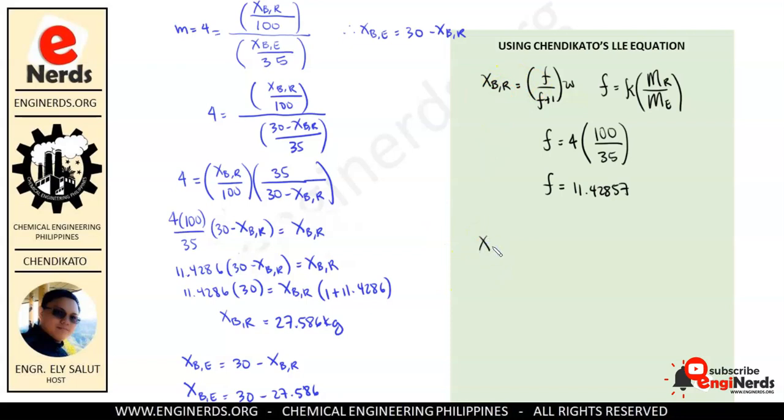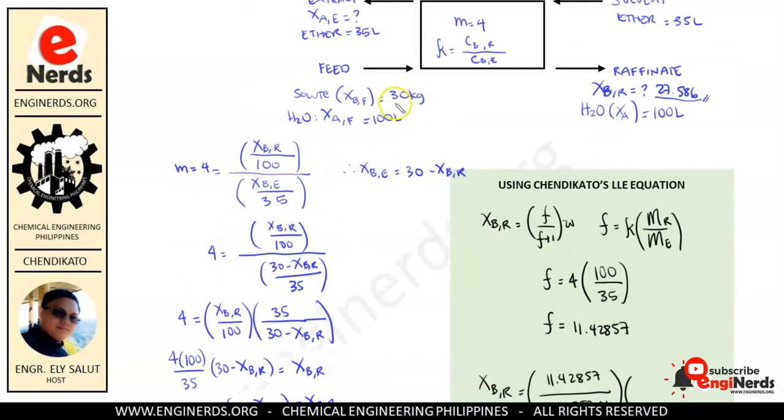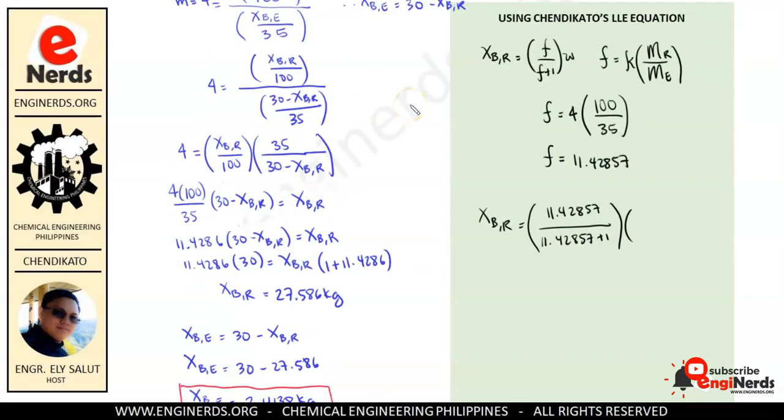So, we have XBR is equal to yung F natin, which is 11.42857 over 11.42857 plus 1 multiplied to the amount of solute na nasa ating feed. So, ang amount ng solute na nasa ating feed is 30, no? Ito. So, multiplied by 30. So, our XBR is equal to 11.42857 over 12.42857 times 30.